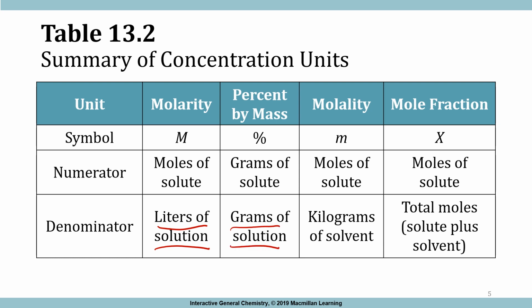And molality is very unique because it's moles of solute divided by kilograms of solvent, not solution. And the mole fraction is moles of solute divided by the total moles. So they're all very different from each other, but you're going to have to know how to go between them. The best way to do that is to know their definitions. Know what the numerator is and know what the denominator is.